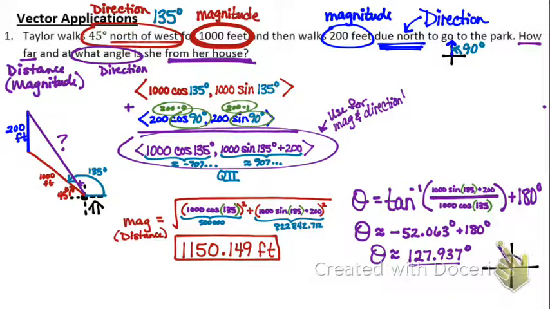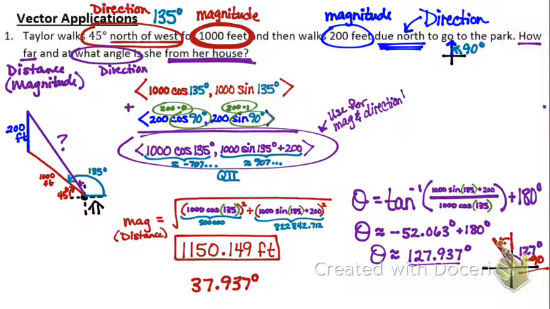127 degrees is going to be about right here, right? Subtract 90 from it, because for my bearing angle, this is the angle that I want. So I'm going to minus 90 from that to get what? Yep. So 37.937 degrees, and now I need directions.